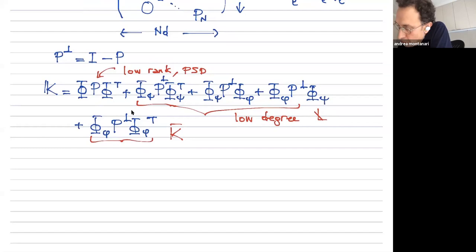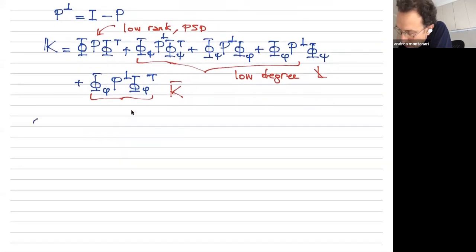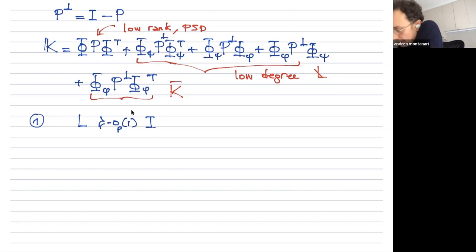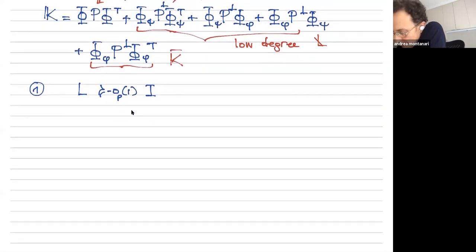Okay, and what we prove is two things. We have only to deal with L and K bar. We prove that L is small, in the sense that it will be lower bounded by a small constant, possibly negative, times the identity, and now K bar concentrates around this V sigma.